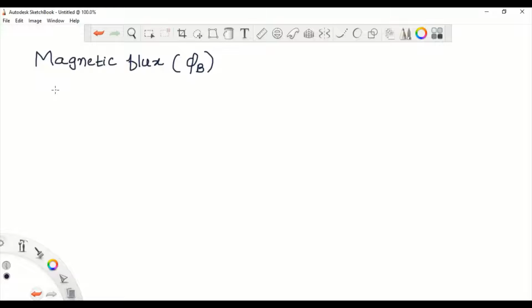Okay, so now let us consider the area A, and these are the magnetic field lines.